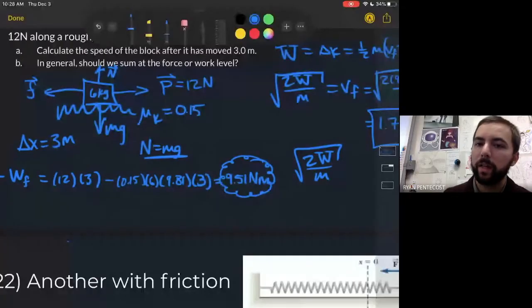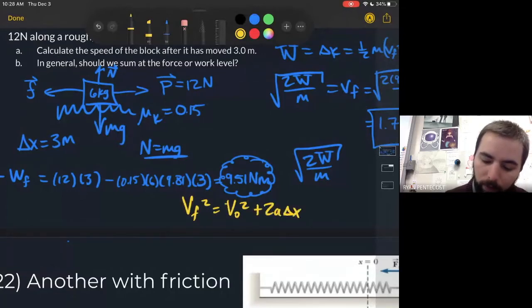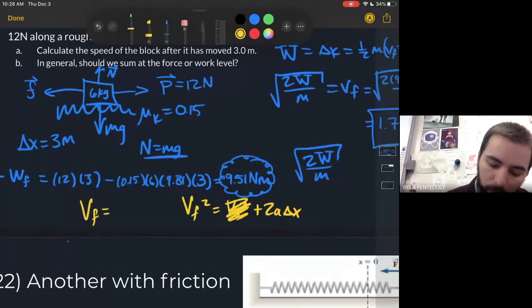Then we can use that acceleration to find our v final using our third kinematic equation. The third equation is v final squared equals v naught squared plus 2a delta x. If our v naught is 0, then v final is the square root of 2a delta x, right?